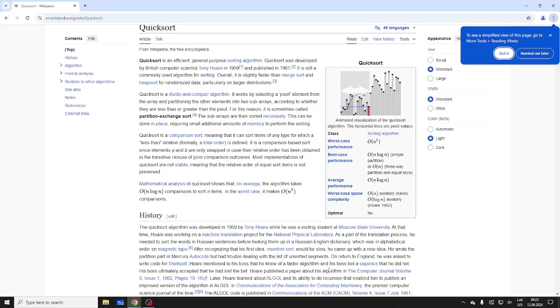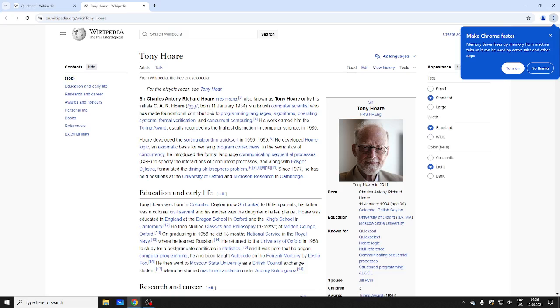But he returned afterwards. He is not only responsible for Quicksort. I think he's still alive also. He's a Sir. He also worked on programming correctness, on how to prove that programs are correct.